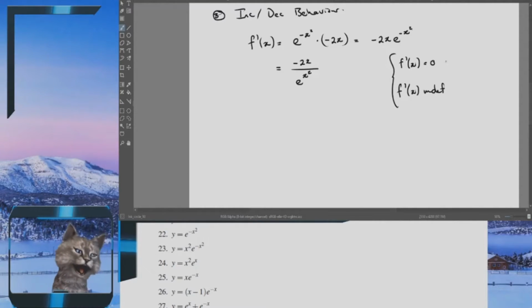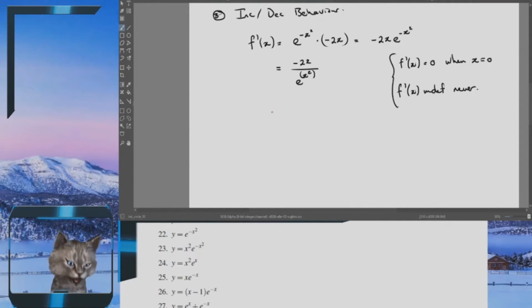When is it equal to 0? When the numerator equals 0 and therefore x equals 0. When is it undefined? It's going to have to be when the denominator equals 0, but because it's e to the something, that is never going to happen. So I have one contender to be a critical point.